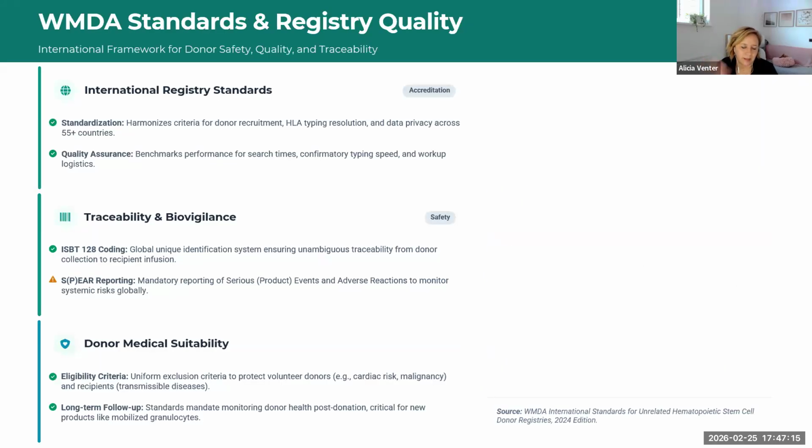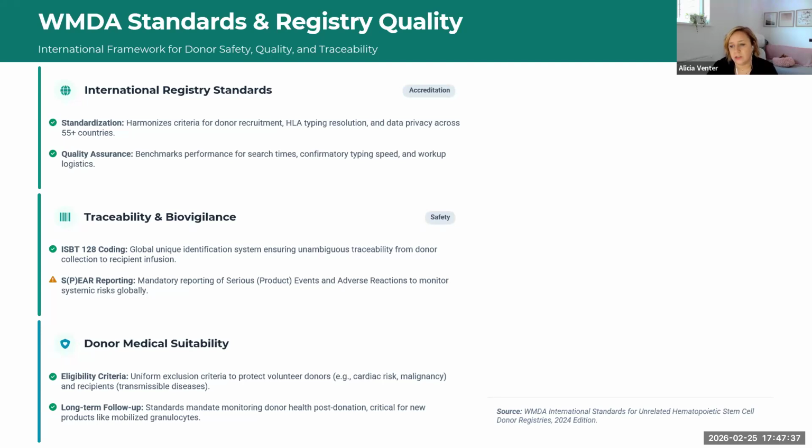And of course, the WMDA. There is no donor selection criteria or recommendation or guidance from the WMDA. However, we do take donor care very seriously. We have standardized the criteria for donor recruitment, HLA typing, and data privacy across 55 countries.